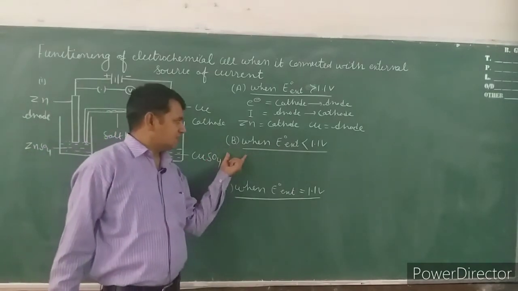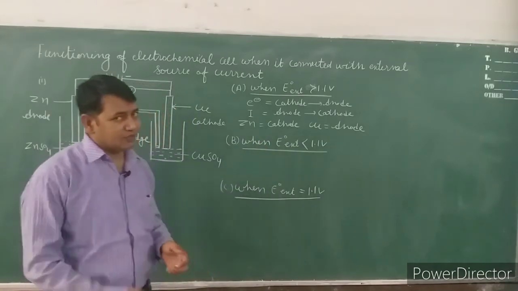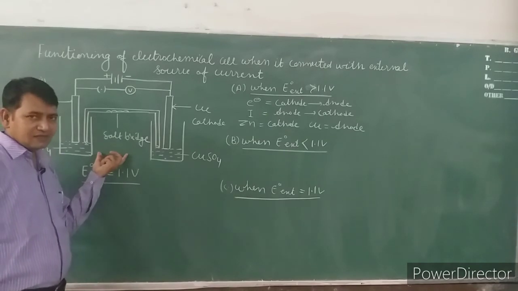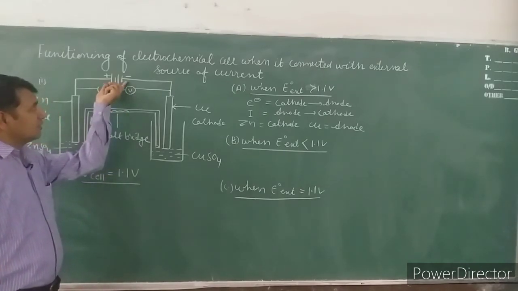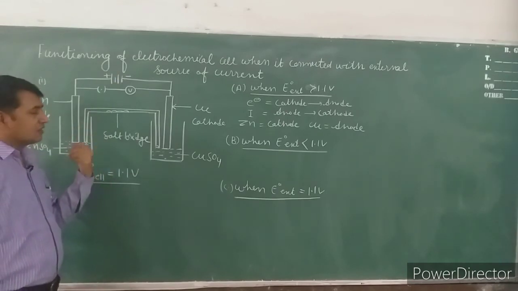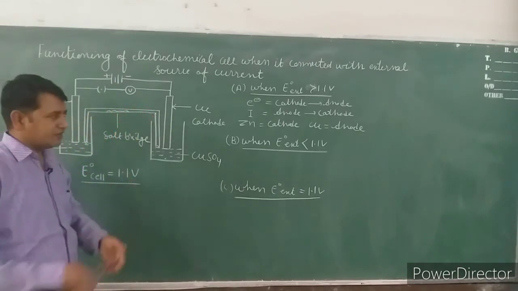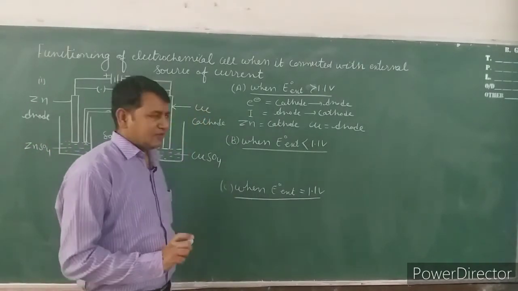Now the second condition, when external potential is less than 1.1 volt, it means the potential of the Daniell cell, electrochemical cell, is greater and the potential of the external source of current is less. It means the current will flow from the Daniell cell to the external source of battery and it works as an ideal electrochemical cell.